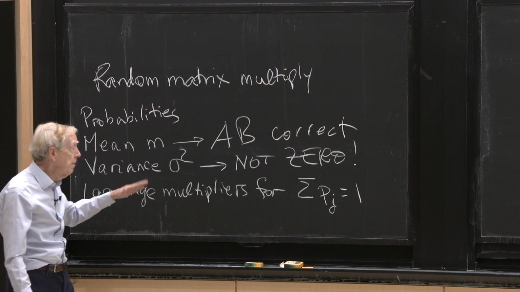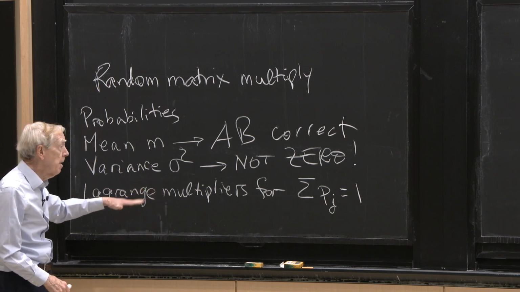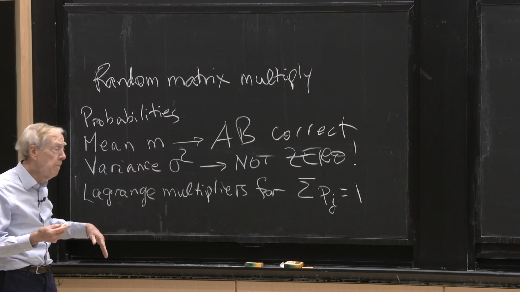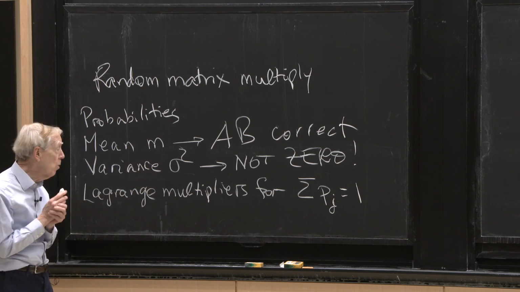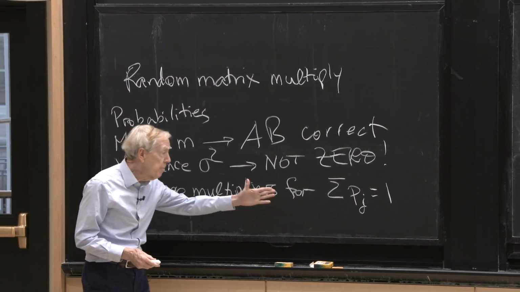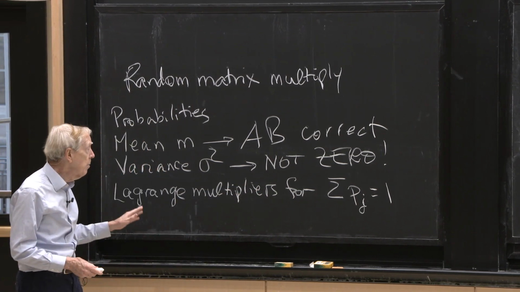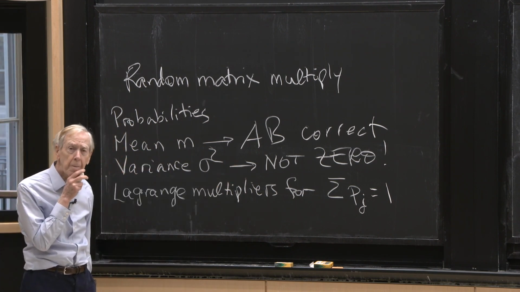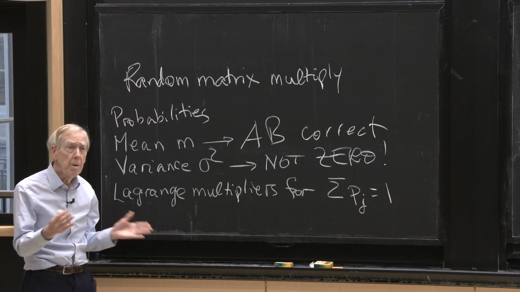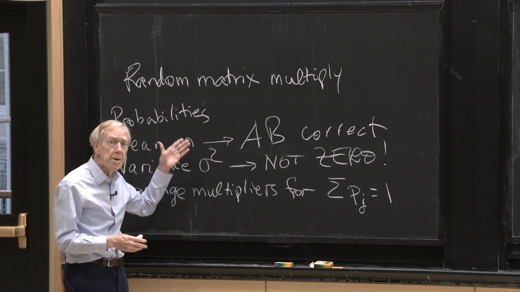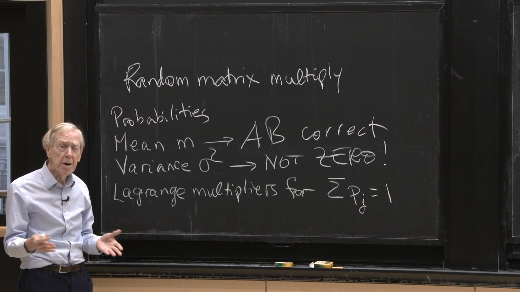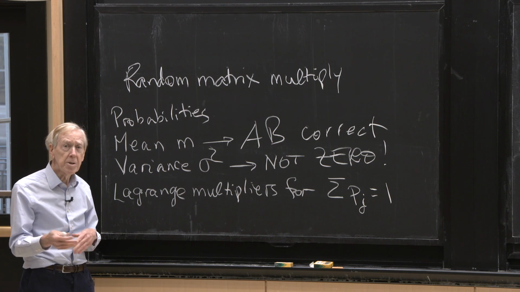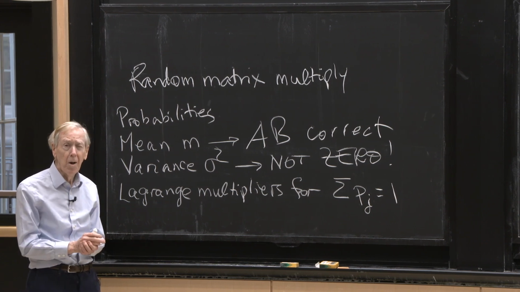And then we want to pick the best probabilities. So our job will be, once we see how the system works, we're going to assign probabilities, and we're going to choose the probabilities that minimize the variance. So this is a typical situation where the mean is pretty straightforward and does what you want. But having the correct mean does not mean you've got good answers at all.